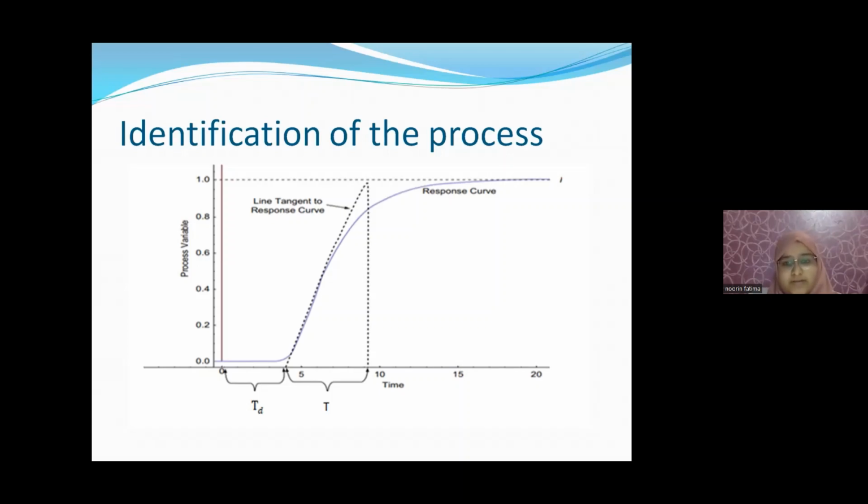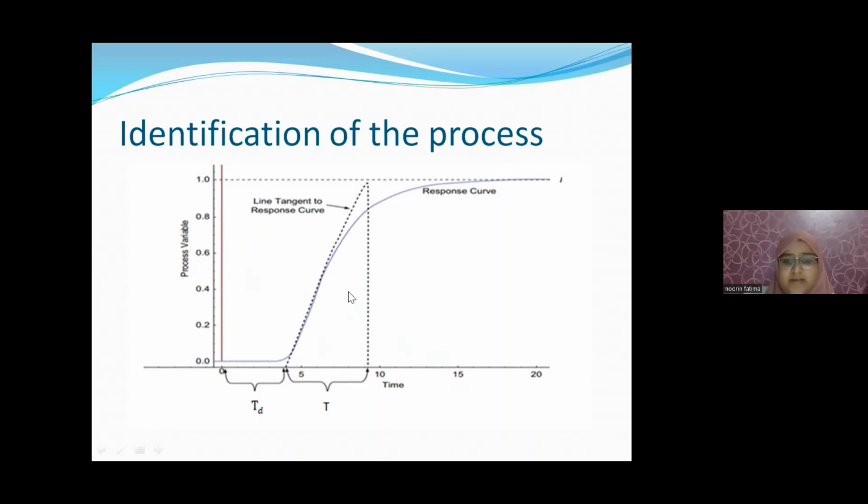Then, after the step change is given, we note down the values till it reaches the steady state. That gives this response curve, and depending on the process we note down the values. Then we plot a graph between process variable and time, which gives this S graph.